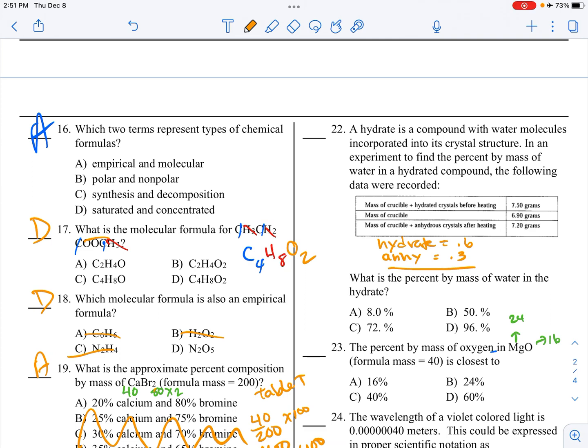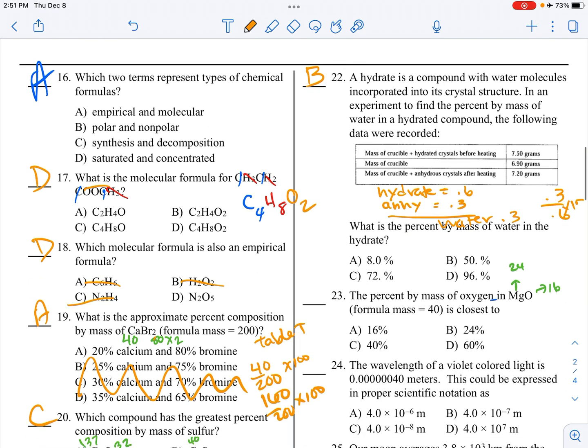So the water is 0.3. So 0.3 over 0.6 times 100. This is getting messy, sorry. That looks like 50% to me. So that is choice B.